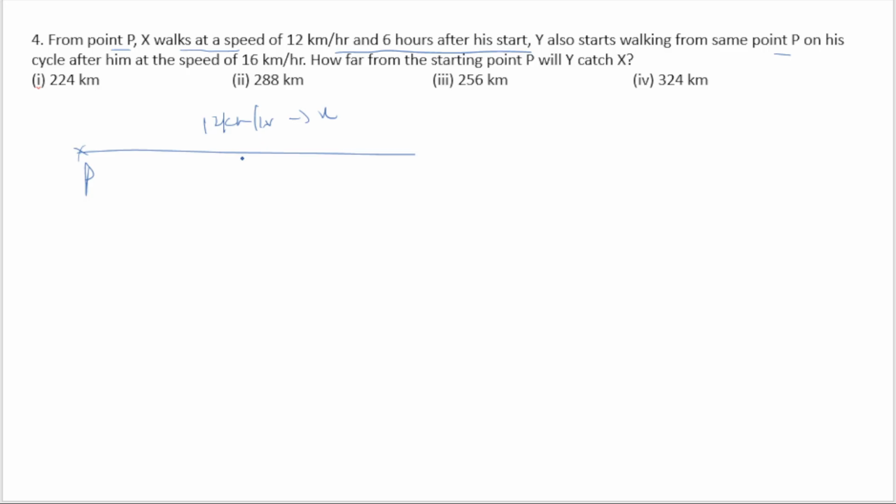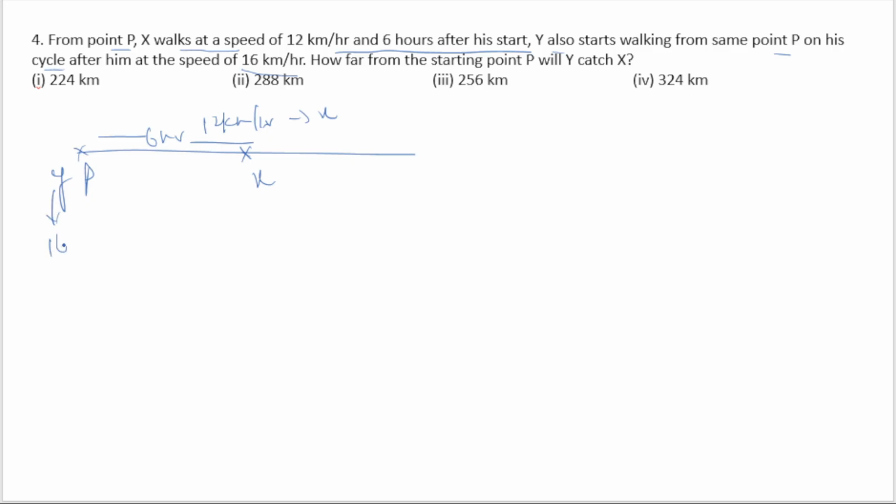And after 6 hours, X will be here. X traveled here for 6 hours. And after 6 hours, Y also starts from the same point P. See, when Y starts, X will be here. And Y will cycle after him at a speed of 16 kilometers per hour.